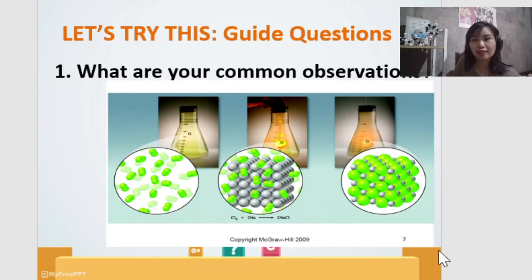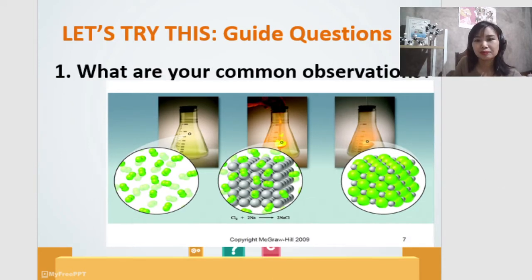Now, try to check your answers there. Now, ano yung common observations? Of course, meron tayong sodium and chlorine atom. And they are both chemicals. Can you see now there is a combination of atoms that can be found on the periodic table of elements.